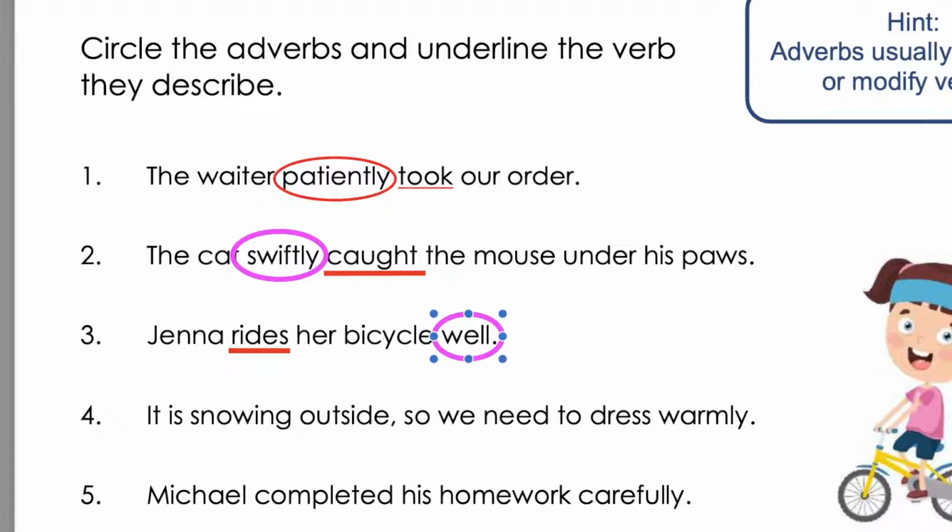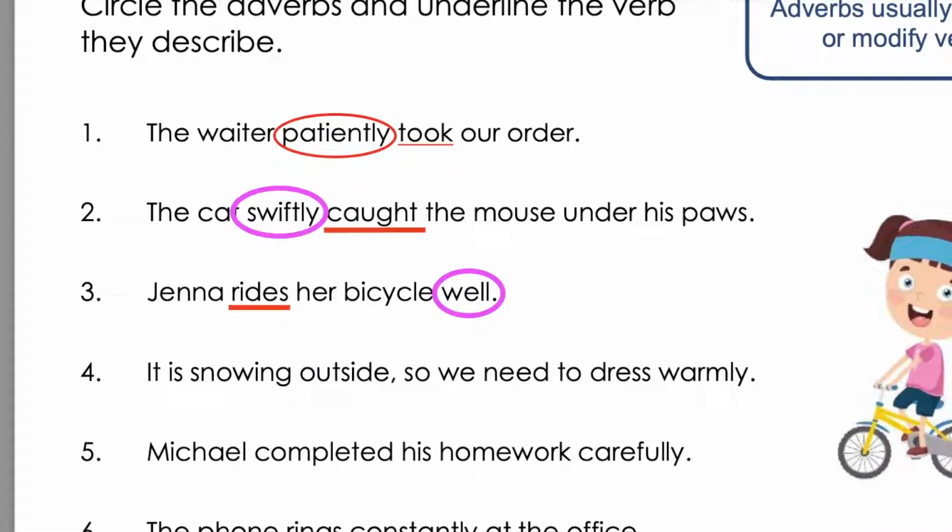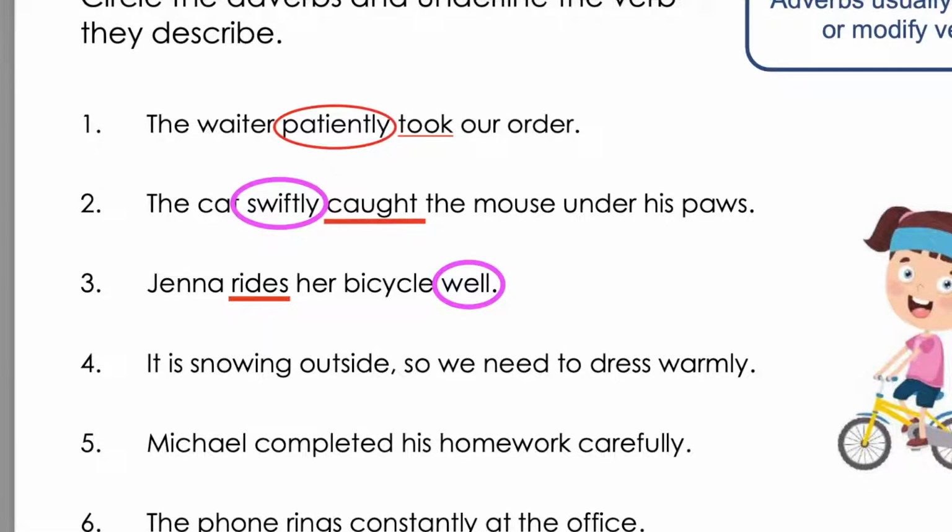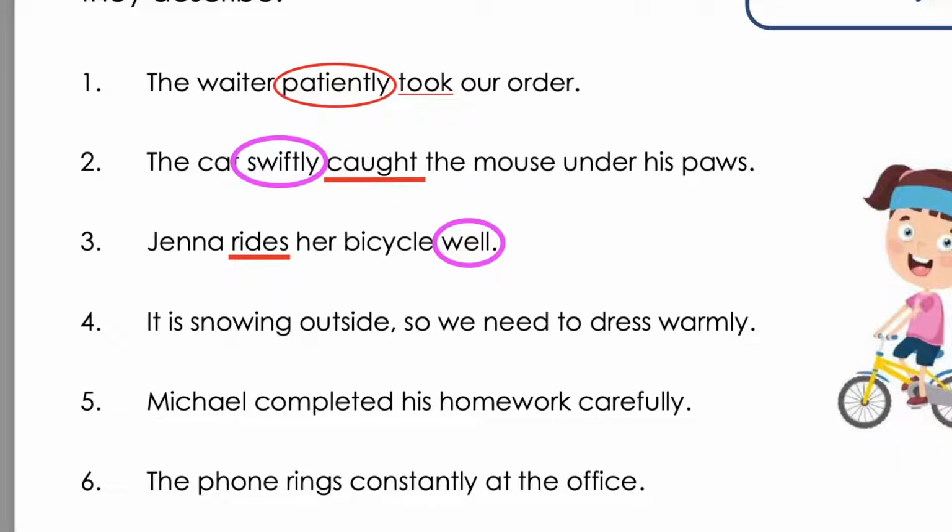So even though well is way at the end of the sentence, instead of right next to the verb like in the sentence before, we can see that adverbs can be placed anywhere in a sentence, right?